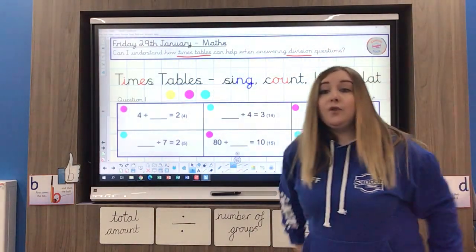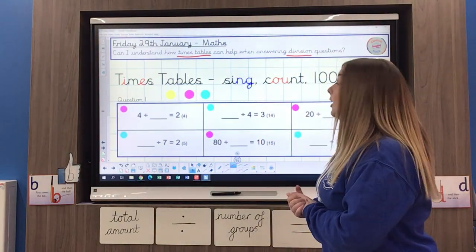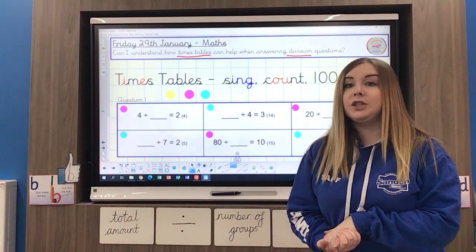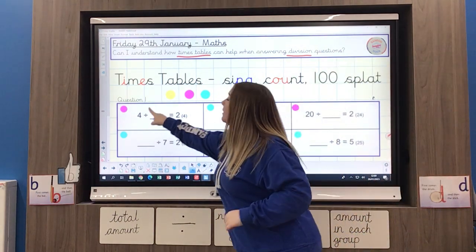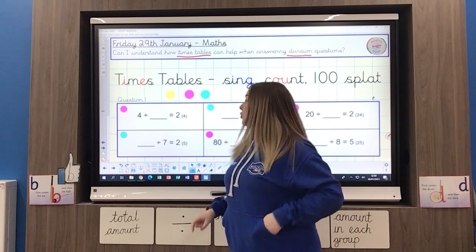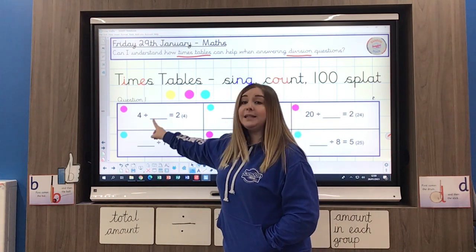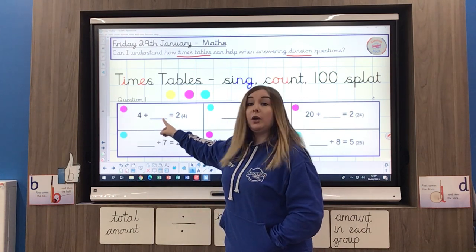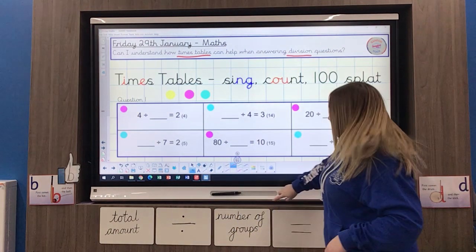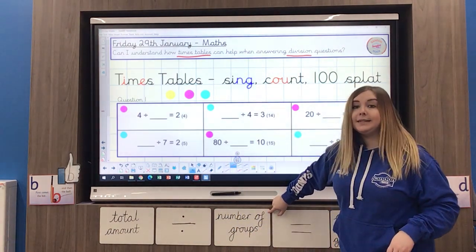Once you've done that then, Year 4, I'm going to show you how we can answer some missing number questions now. So we're going to look at the pink questions, and in the pink questions your missing number is always before the equal sign. So it's this one that is missing.